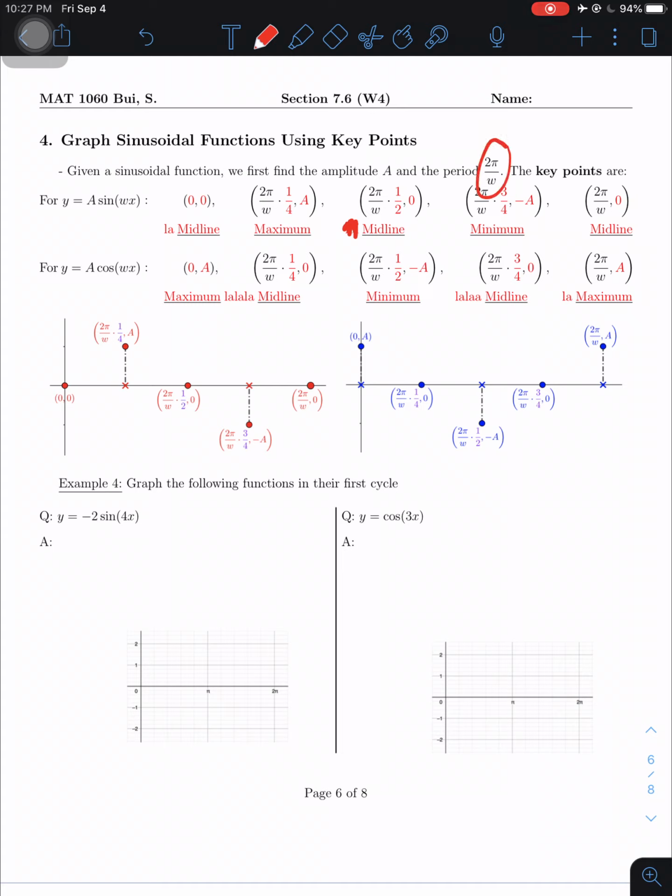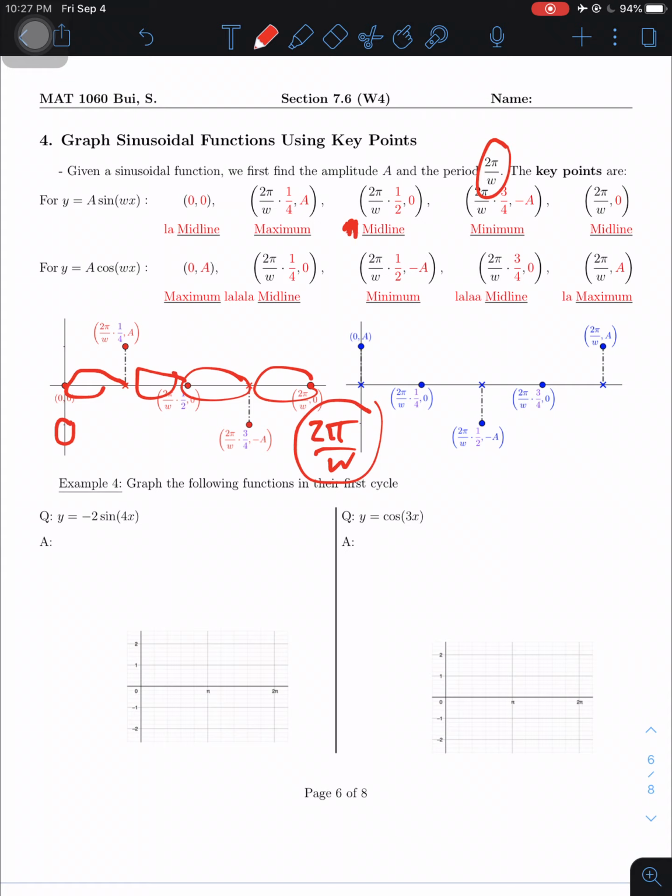So the beginning point for the first cycle is going to be 0, and the ending point here is going to be 2 pi divided by W, right? And since we have 5 points, to define the second point after 0, I'm going to take this and multiply it by a fourth, because we have 4 gaps in here. 1 gap, 2 gaps, 3 gaps, 4 gaps. 5 points, 4 gaps.